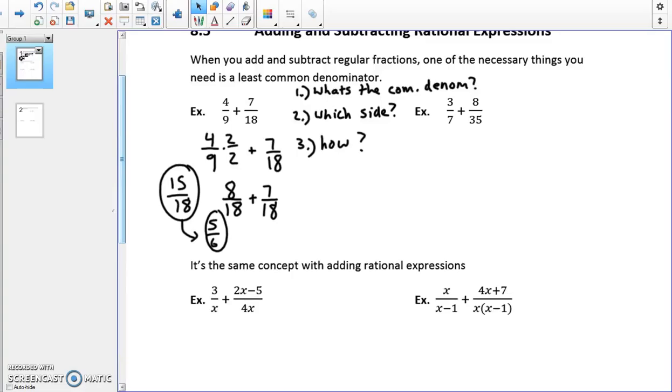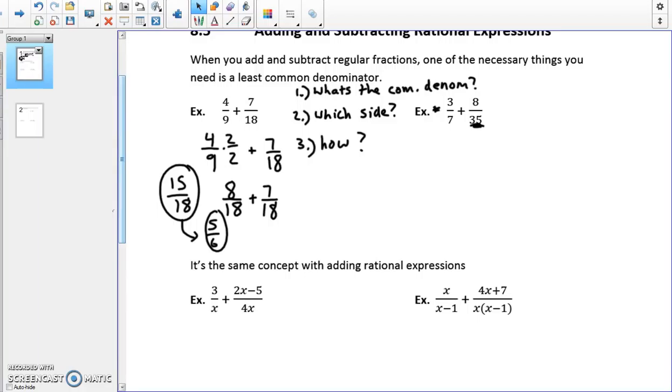Second one, 3/7 plus 8/35. Okay, we're asking ourselves the same 3 questions. What's the common denominator here? Well, for this one, I would say that'd be 35. We want to get it to be that. So which side do we have to adjust? Well, we're going to have to fix the left side here, and we're going to do it by multiplying by 5.